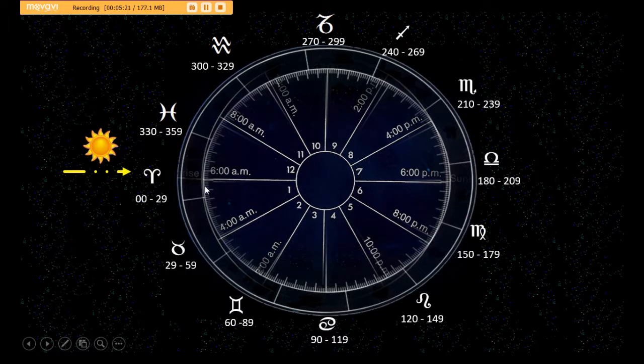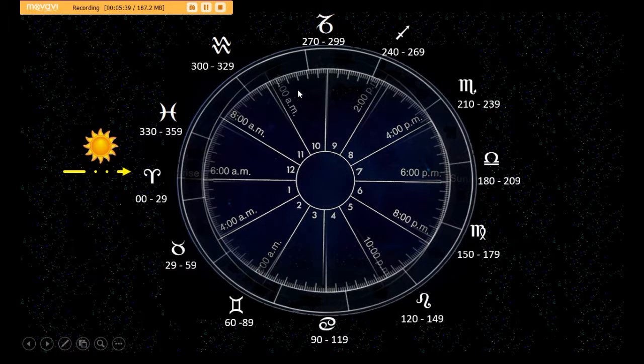So if you have your personal natal birth chart, the sun, based on what your rising sign is, would indicate what time you were born, and that would land somewhere in these house departments.